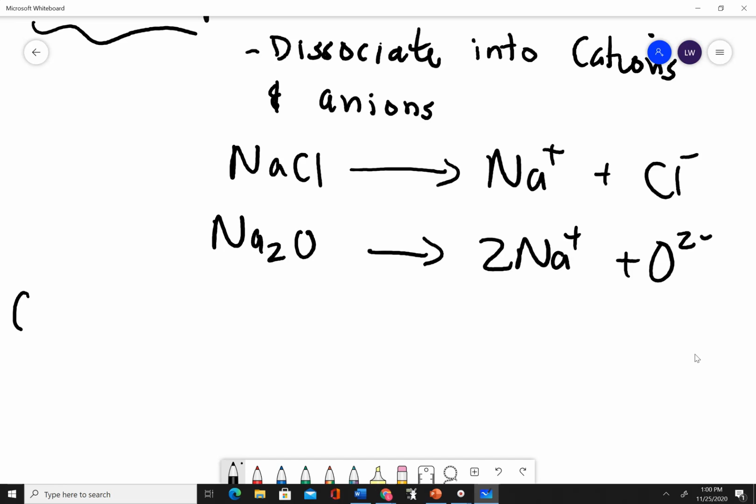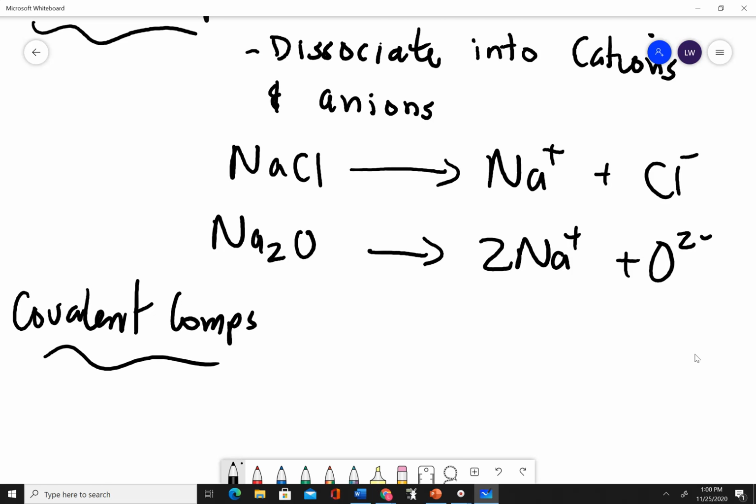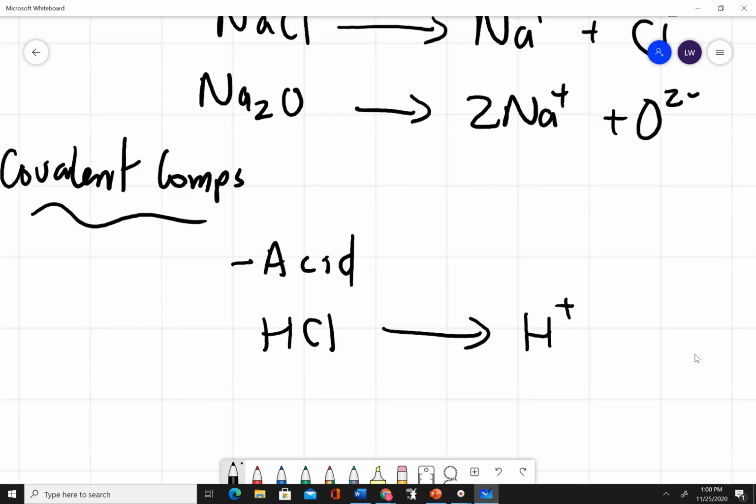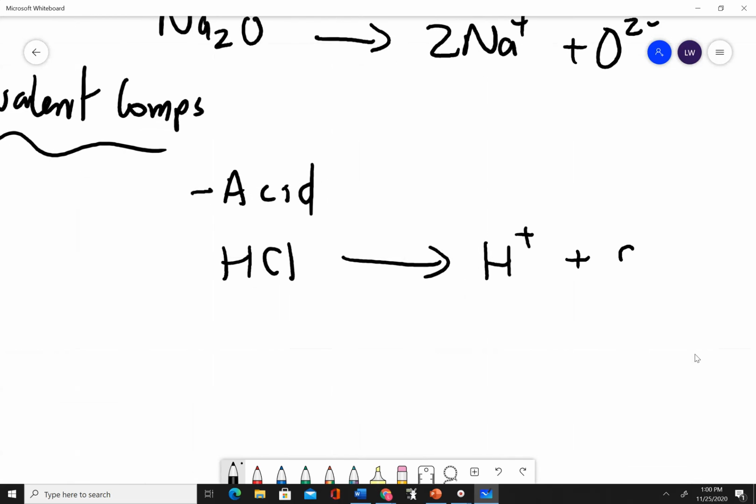When molecular or covalent compounds are dissolved in water, there are two things that can happen. If your compound is an acid, which we can normally tell from the name that's given, when that's dissolved in water, it'll form one or more hydrogen ions and an anion.